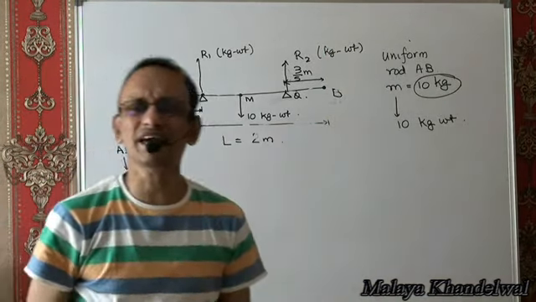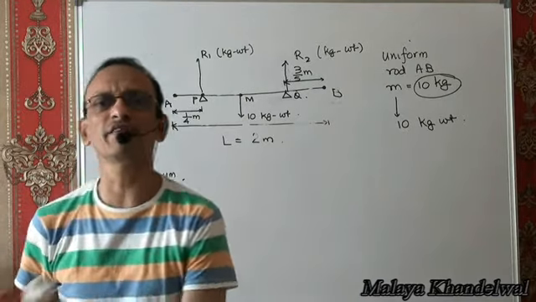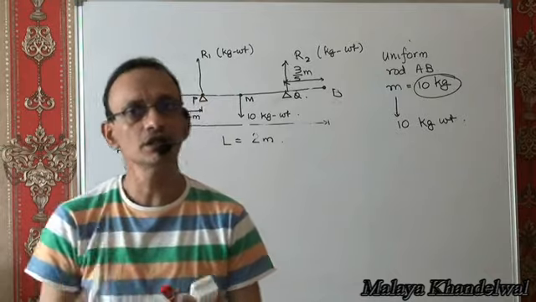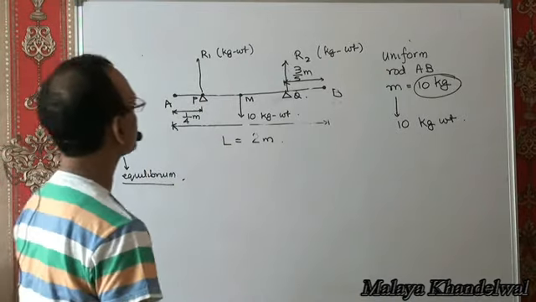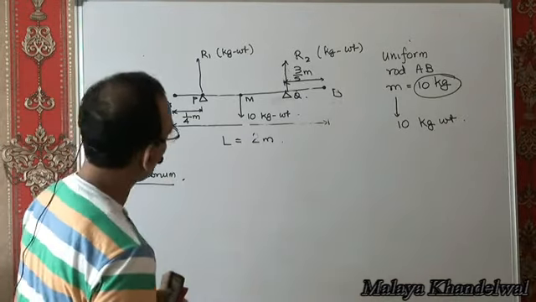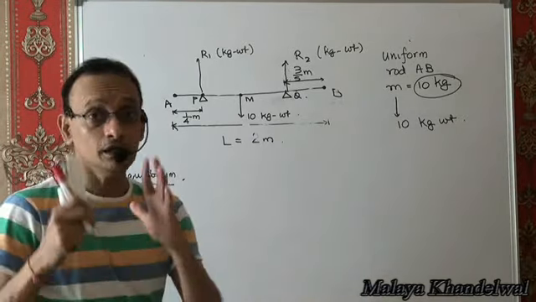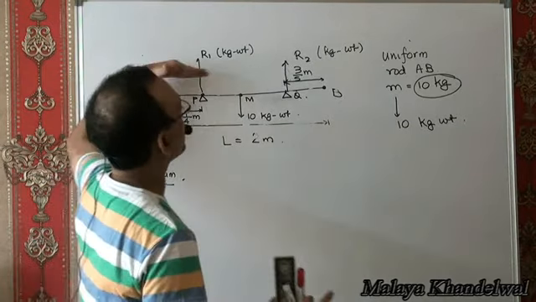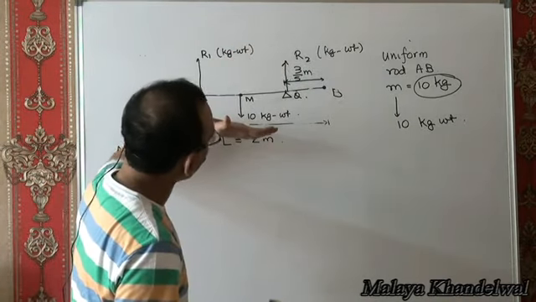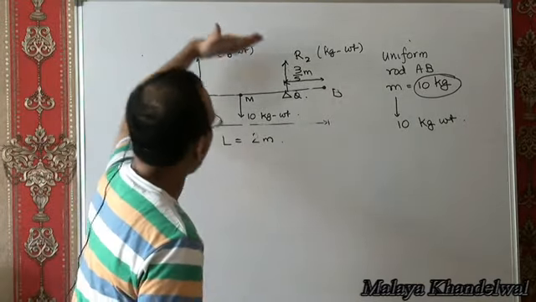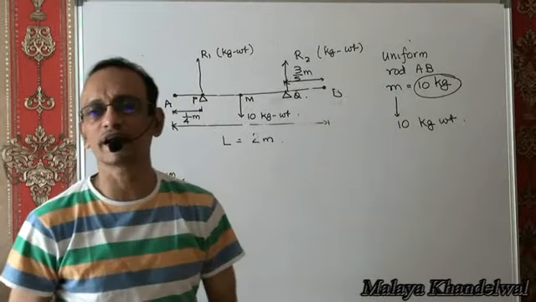Every kg weight could be mapped onto newtons, or every newton onto a kg weight, by using a factor g, which is acceleration due to gravity. I want to find the values of R1 and R2. Clearly this body is subjected to 3 forces: R1 and R2 parallel, and the 10 kg weight anti-parallel with R1 and R2.